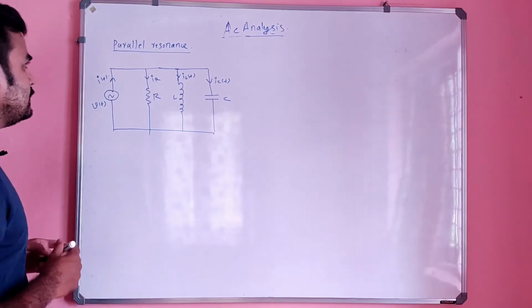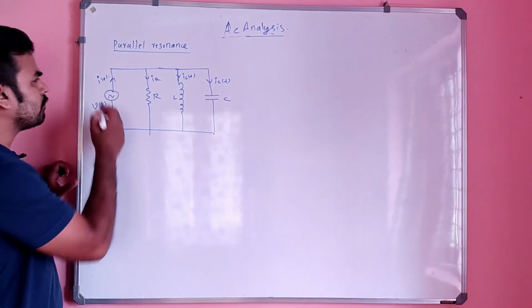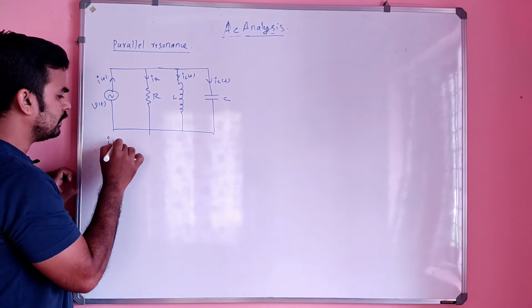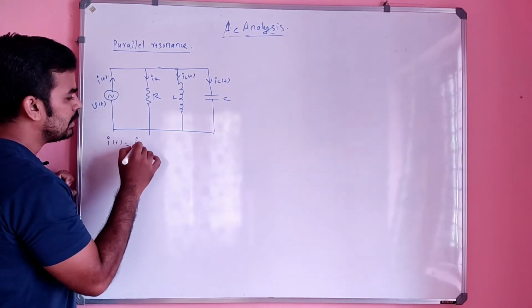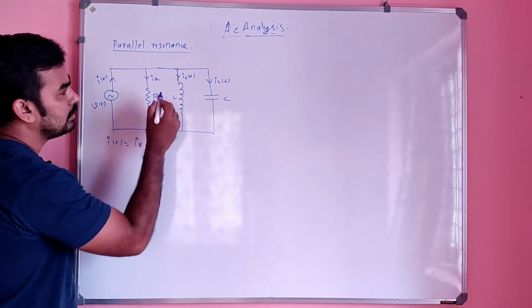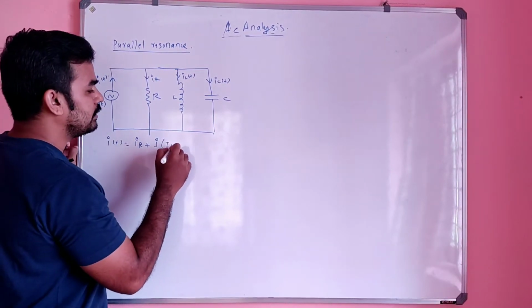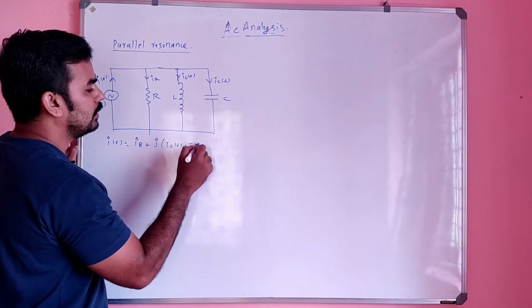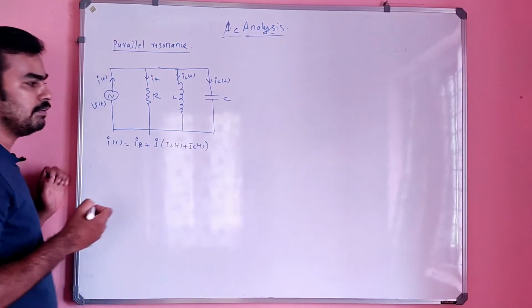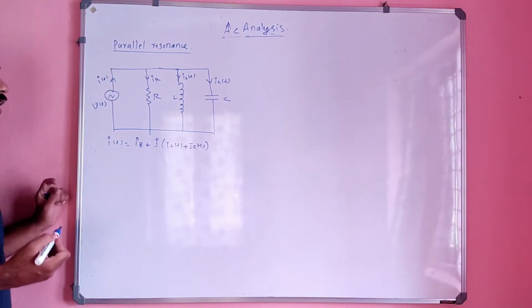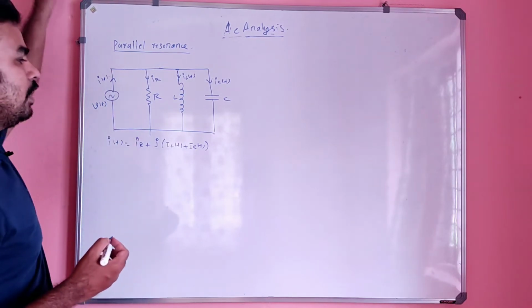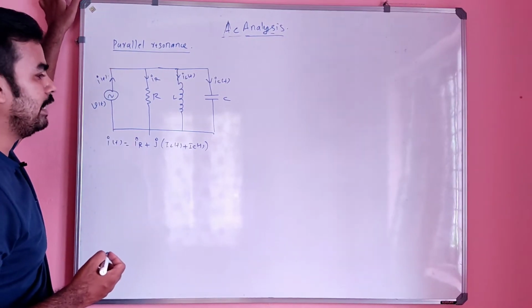Okay, let's see. I can write I of T will be equal to what? I of T will be equal to simply IR plus J into IL of T plus IC of T, right? There is no change in that. IR plus J into IL of T or IC of T, right?